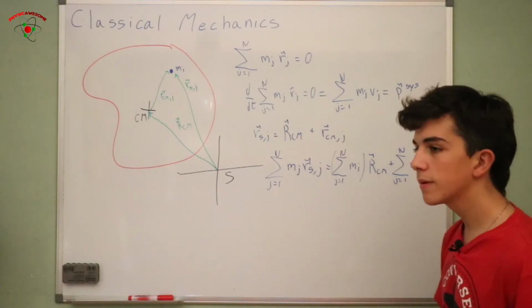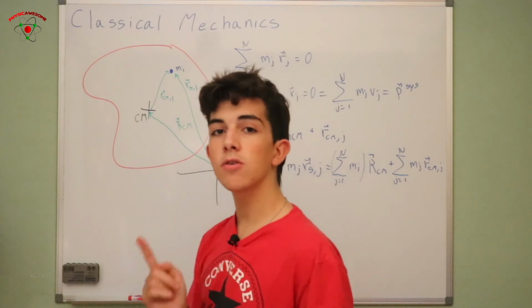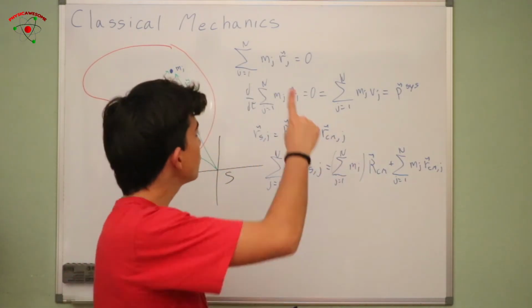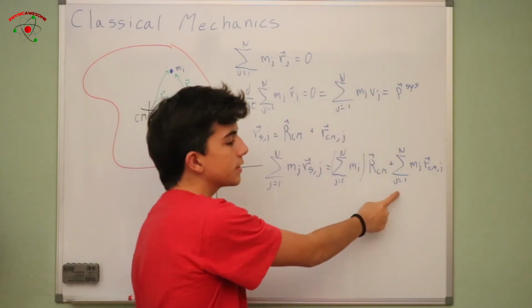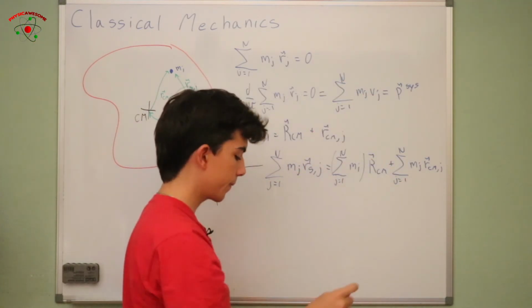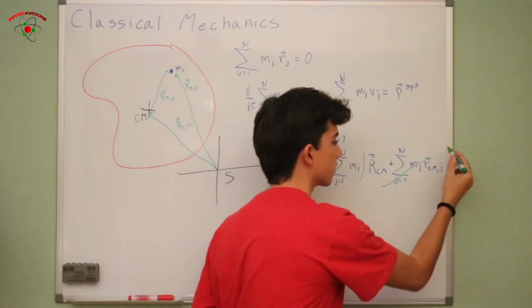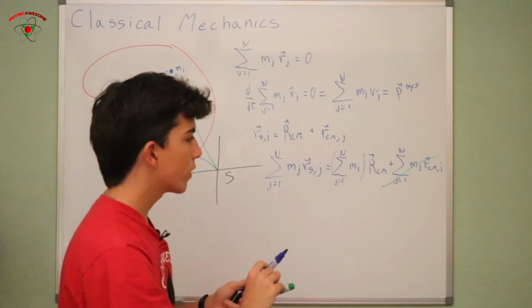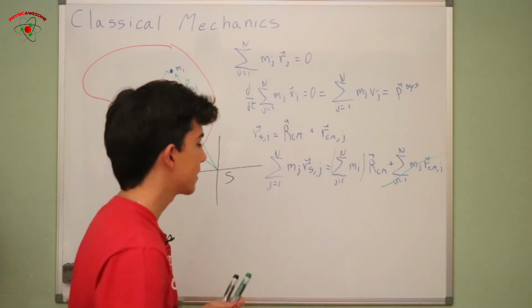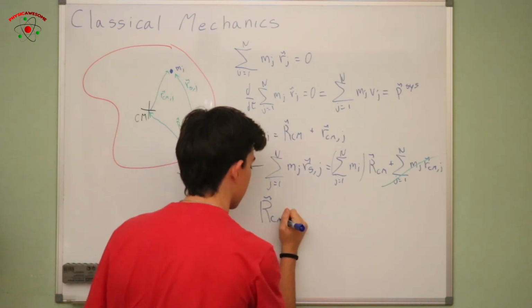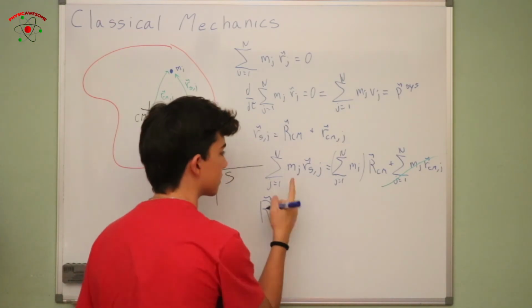But note that the center of mass reference frame is defined in such a way, as we see here, that this quantity is 0. Therefore, we can cross this out and solve for the position vector of the center of mass, and we see that R_cm equals this quantity.